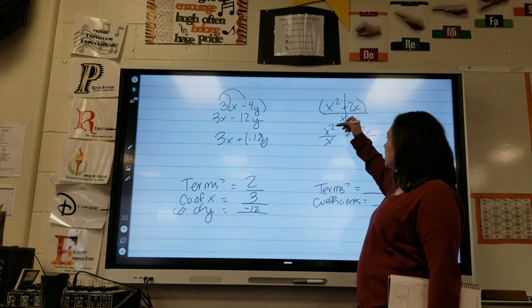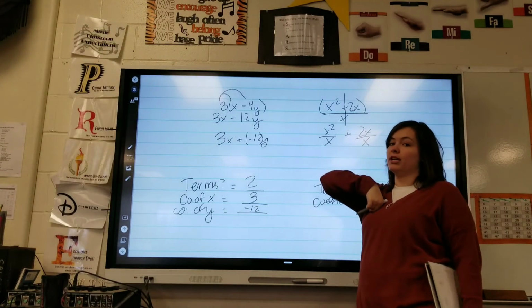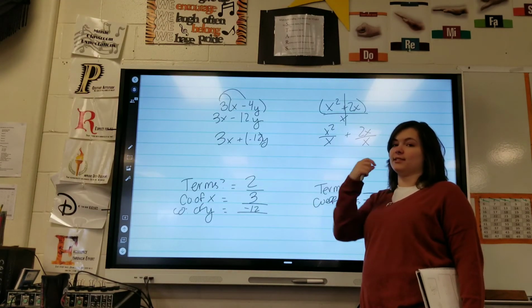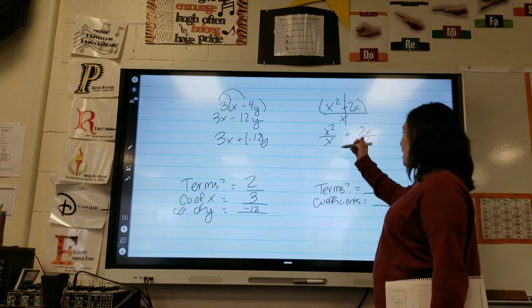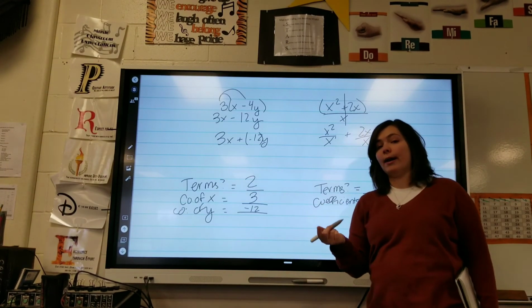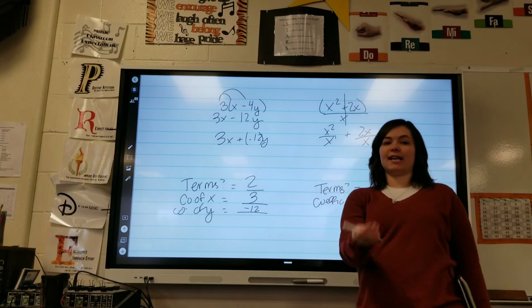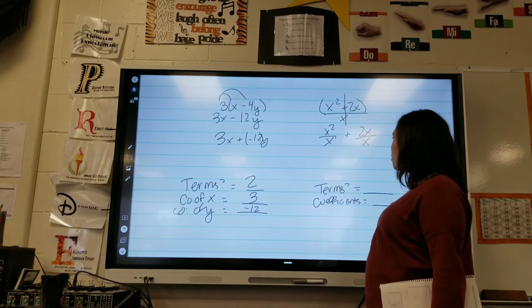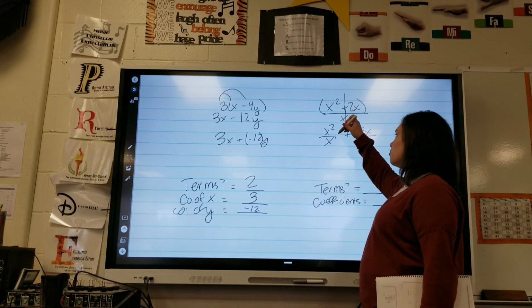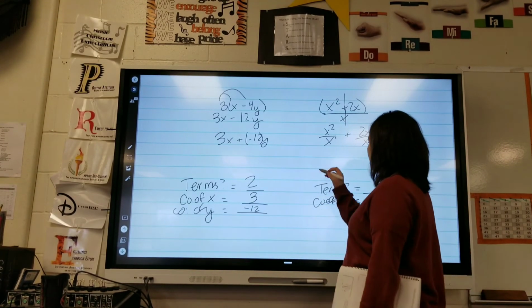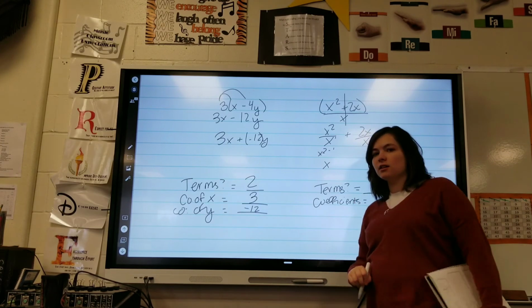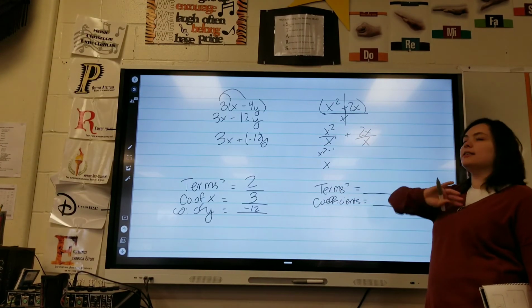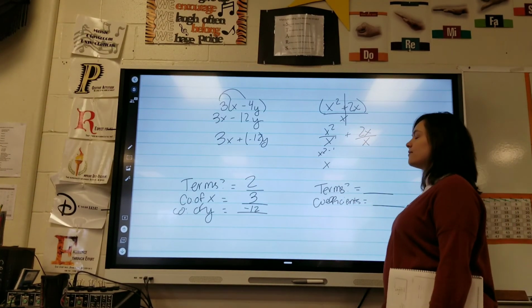And when we had 2 numbers to an exponent and they were being divided with the same base, we could subtract them. So x is basically x to the 1, and x are the same. They have the same base. So what we can do is we can take 2 minus 1, and we're left with x. So the 2 basically becomes non-existent because of that rule.